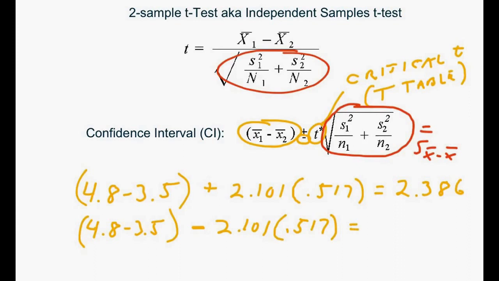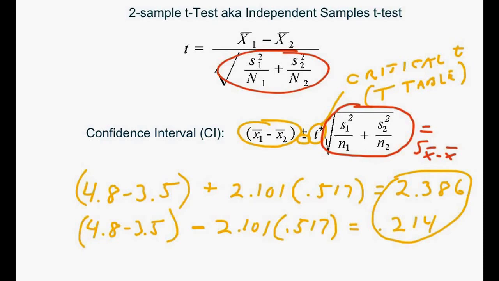And when we do all of that math, we get 0.214. So our confidence interval of 0.214 to 2.386 says that we are 95% sure that the population of people who rate others while they're warm differs from the population of people who rate others while they're cold by somewhere between 0.2 and 2.3, standard error of the difference between two means, two standard errors. Notice that that difference does not pass through zero.